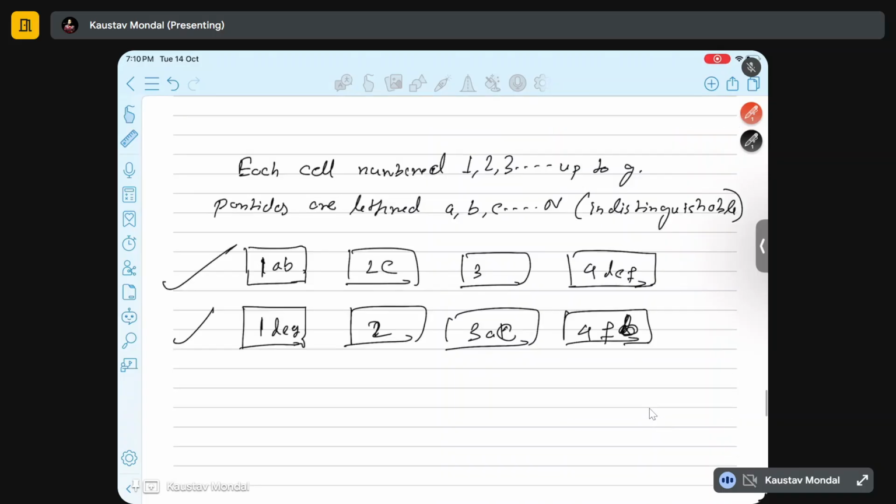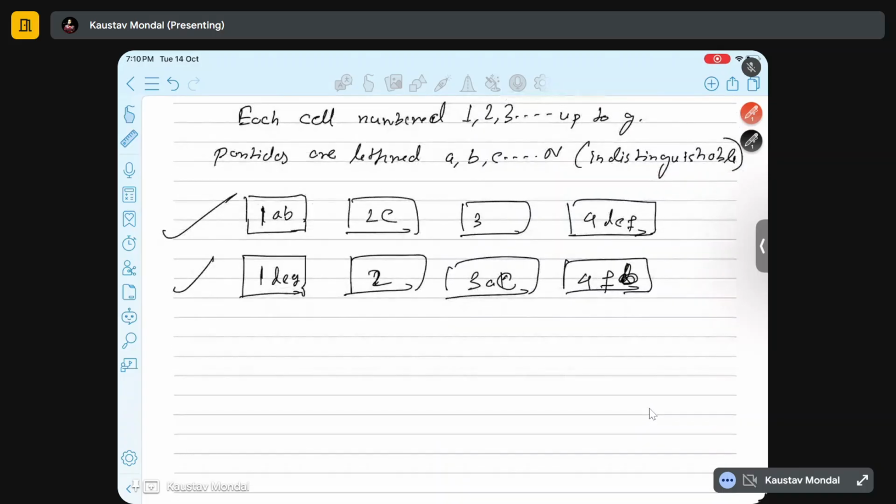If there are g number of cells, there are g ways in which a sequence can begin, one for each cell. So each sequence can start with a particular number from 1 to g. As there are g types of numbers, there will be g ways by which the sequence can start, and the remaining g plus ni minus 1 numbers and letters can be arranged in any order.